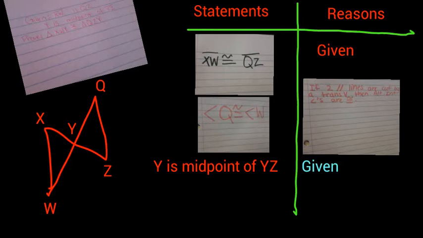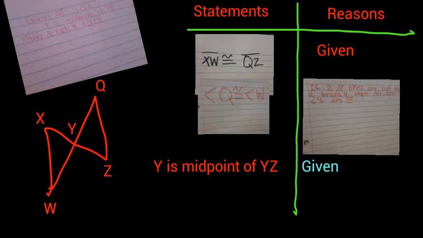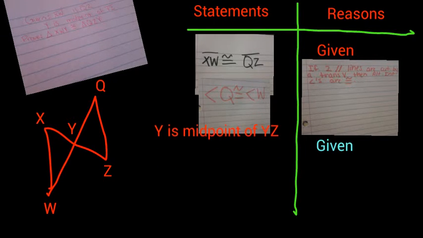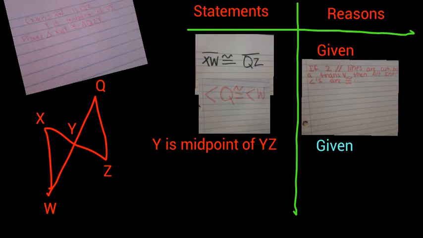Okay, I'm just going to move these up a little bit so I have a little bit more extra room. Okay, next we're going to say angle XYW is congruent to QYZ. I actually forgot that right here, this is supposed to be parallel, not congruent, so I made a little mistake, my bad. So let me change that to parallel instead of congruent.